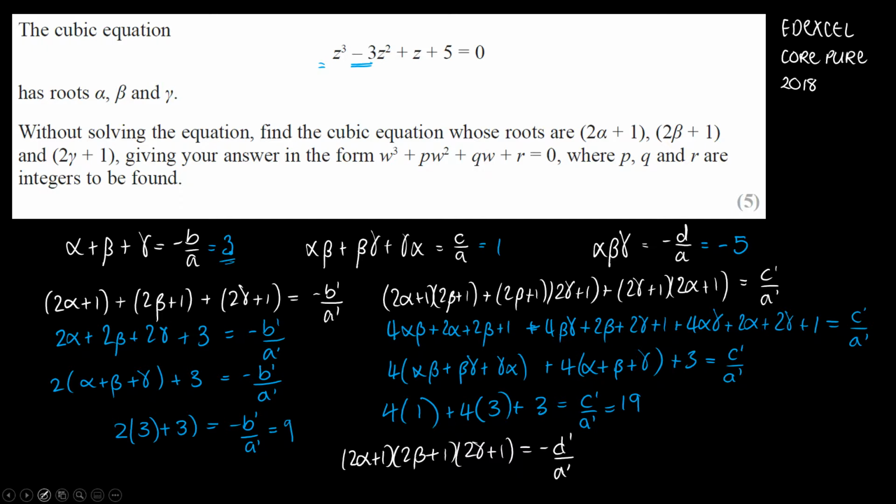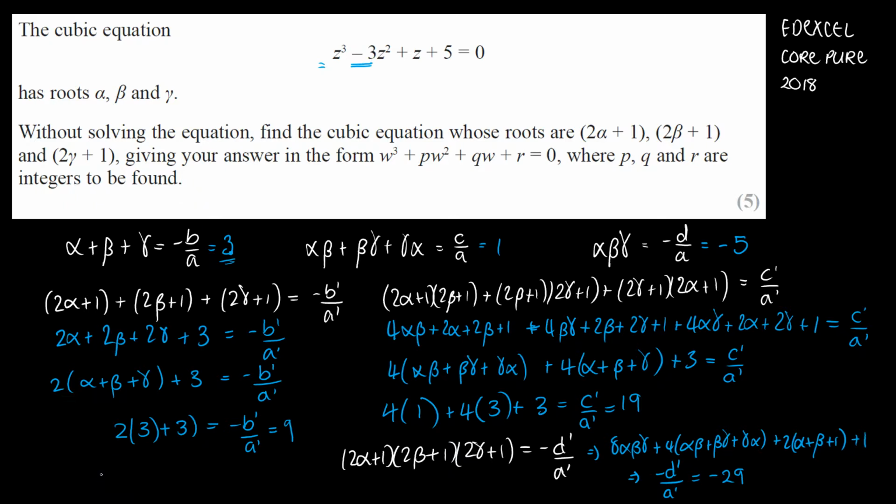Turns out that what you get, just so if you're pausing this and working your way through it, is 8 lots of alpha beta gamma, plus 4 lots of your pairs, plus 2 lots of your singles, plus 1. And when you substitute in all of your values, that gives you that new minus d prime over a prime. So my new d over a is minus 29.